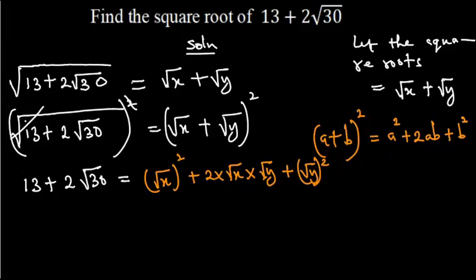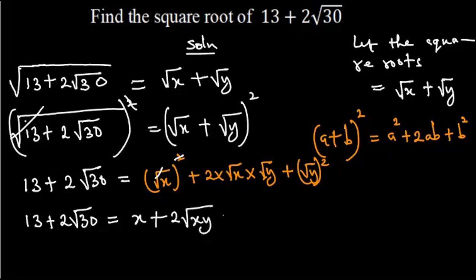And we are good to go. Then we have 13 plus 2 root 30 equal to, now a square cancels a square root, we have x left. 2 times root x times root y should be 2 root xy, and then plus the square cancels the square root, and we have y.